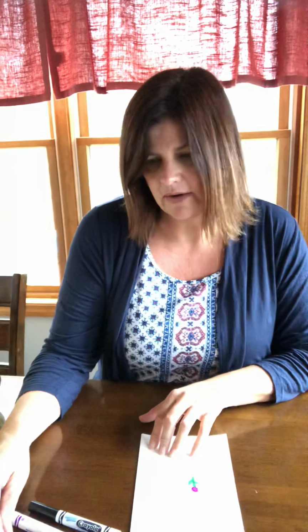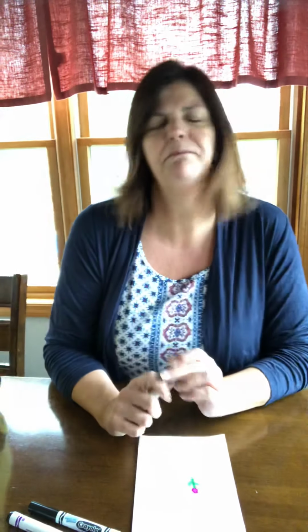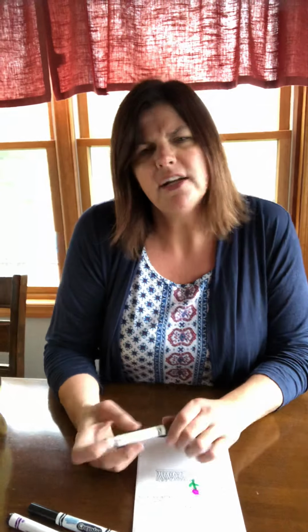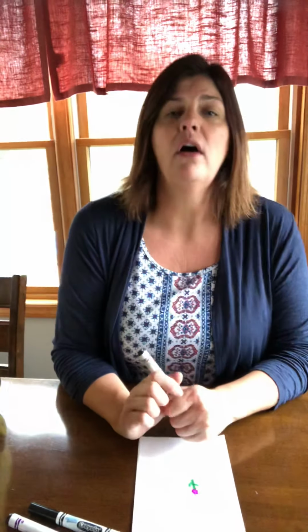The next direction says to draw the roots below the grass. When we did our planting with beanstalks, we talked a little bit about roots. Those are like the straws for plants, and they grow into the ground and they drink up the water like a straw. So the roots are long, skinny parts under the grass, and I'm just gonna make lines like this.